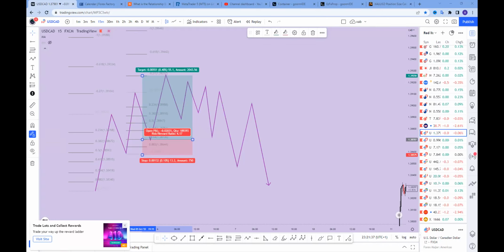No, using the Fibonacci, there are two Fibonacci levels that I mentioned in that video. It can never be 0.5 and 0.618. Never. Is it 76.4? Exactly. 0.764 and 0.882.